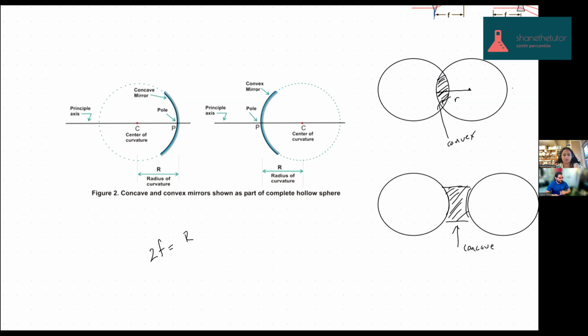For this, it would be over here, at 2f. Sorry, it will be here: 2f, the radius of curvature. So if we go back to this, typically what you'll see is a focal length, and you'll also see something at 2f, which is the radius of curvature.